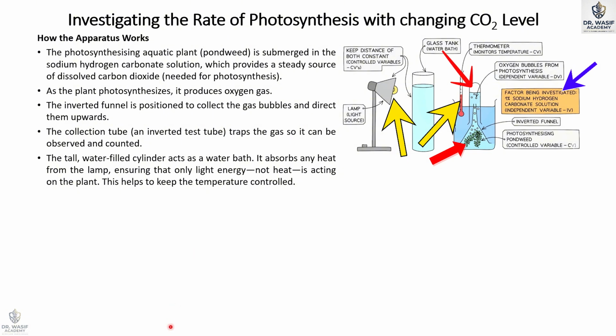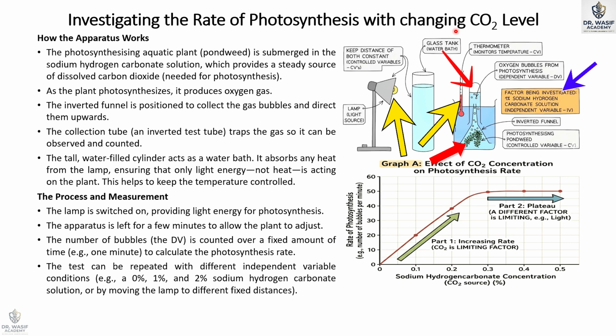As the plant photosynthesizes, it produces oxygen gas. Because the plant is underwater, the gas forms bubbles. You can see these here. We use an inverted funnel to catch these bubbles and funnel them up into an inverted test tube. This allows us to clearly see and count the gas being produced.